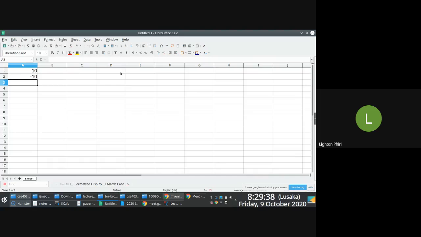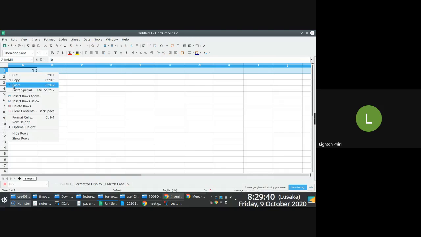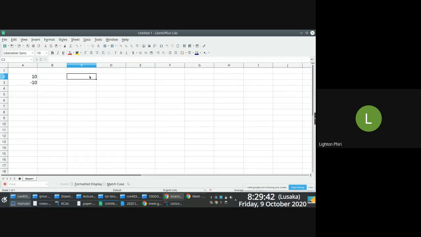We know that in binary, 10 is nothing more than 8 plus 2, right? Ones place, twos place, fours place, eights place, right? So this is our 10. Forget about the sign for now. This is 10.